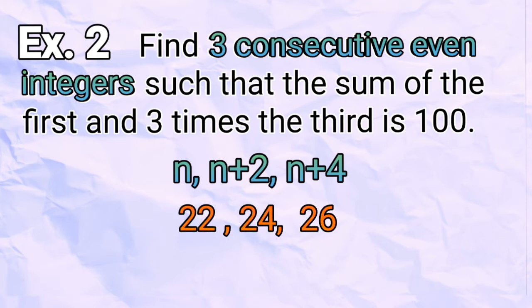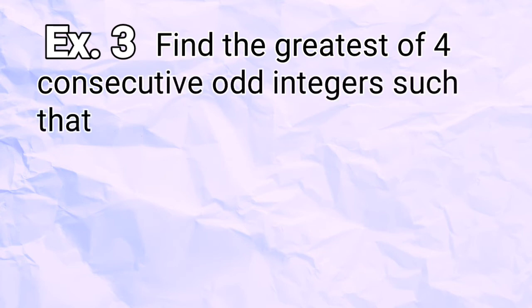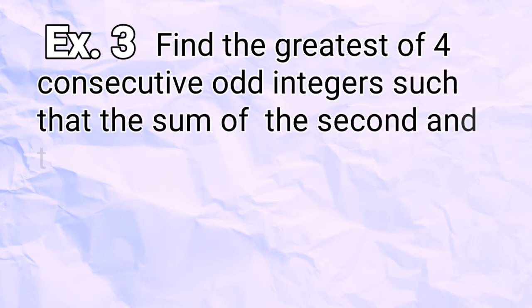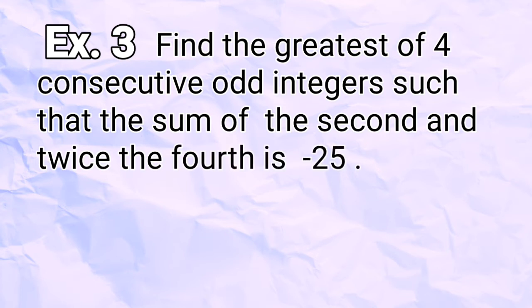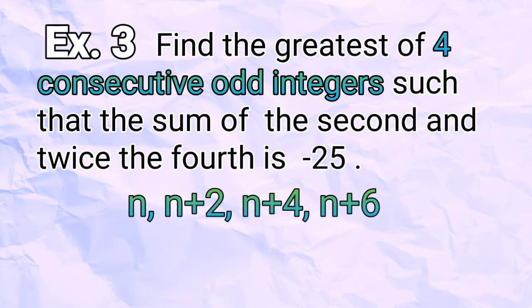For example 3, we want to find the greatest of 4 consecutive odd integers, such that the sum of the second and twice the fourth is negative 25. So we see the phrase 4 consecutive odd integers. That means we'll be using n, n plus 2, n plus 4, and n plus 6.